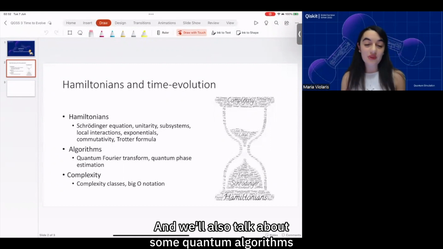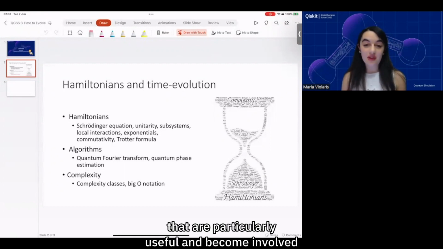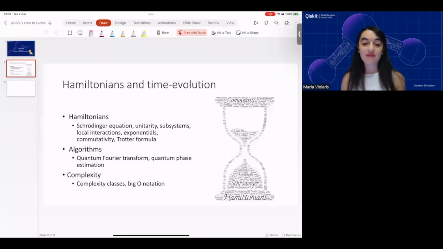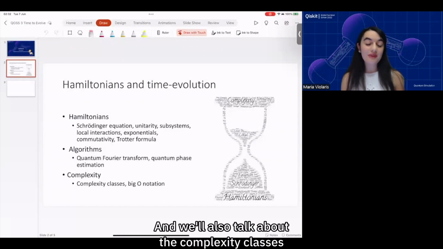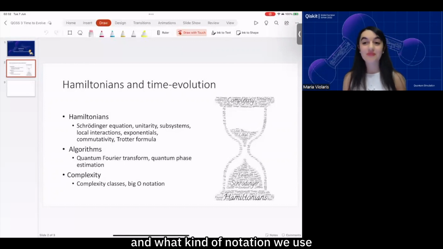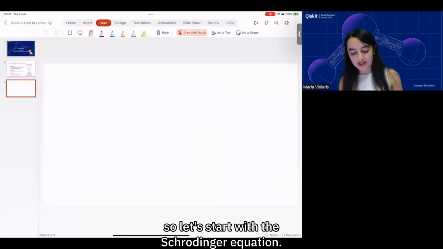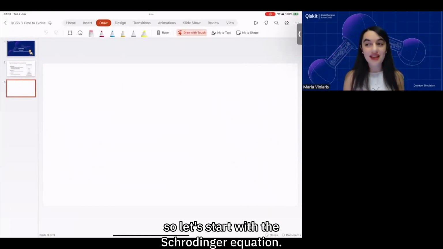And we'll also talk about some quantum algorithms that are particularly useful and become involved when we're thinking about simulation. And we'll also talk about the complexity classes and what kind of notation we use for different complexity classes. So let's start with the Schrödinger equation.